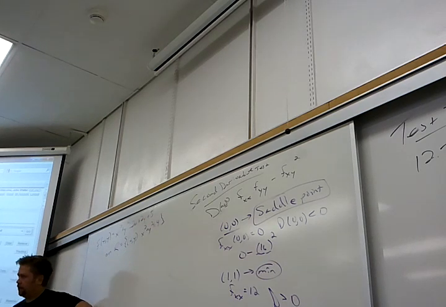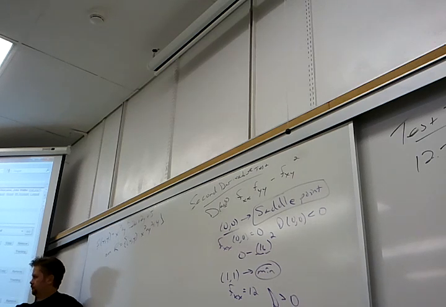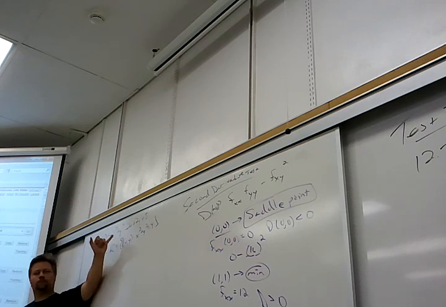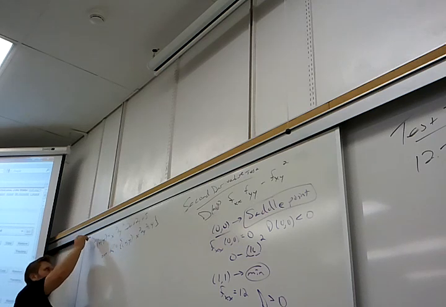I think we did the critical points and all that, right? We got to the point of looking at the boundary, right? Yes. We did the critical points. Remember, this problem was the one that says find the absolute max and min.